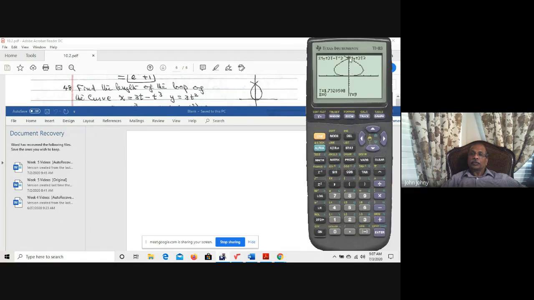See, this is the point. Again, negative square root of 3. Trace the negative value, negative square root of 3. It's the same point. So plus or minus square root of 3 is that point.